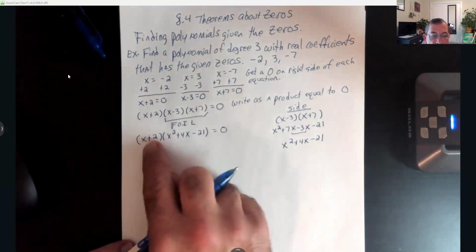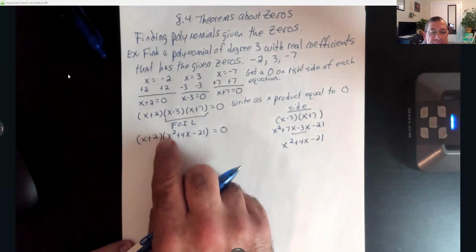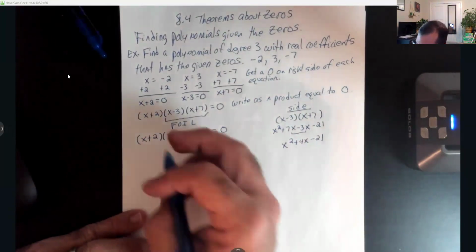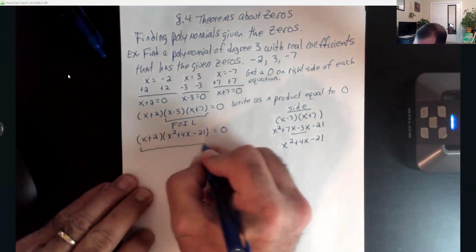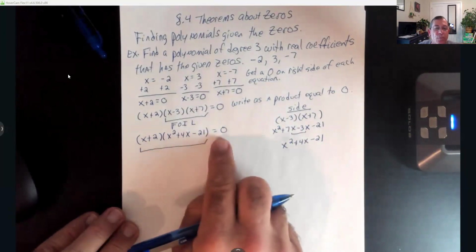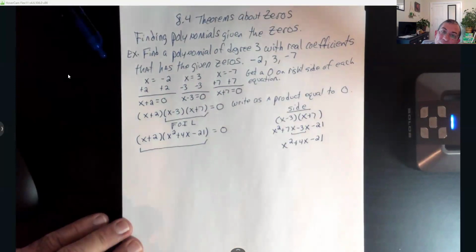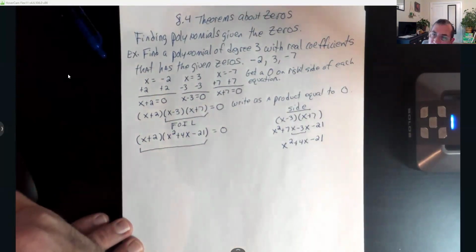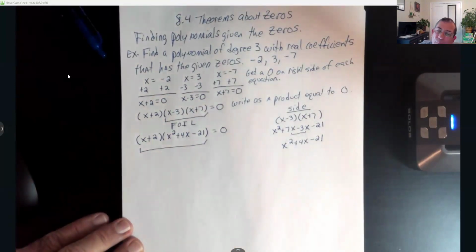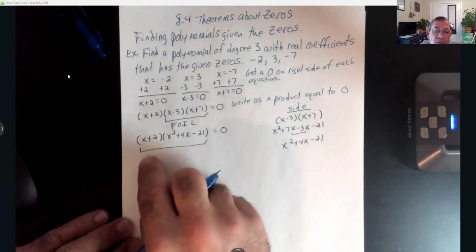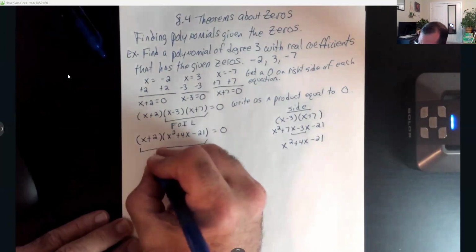So I still have to multiply because I've got parentheses next to parentheses. So we're going to take this whole thing and we're still going to FOIL, but it's going to have a few more steps on it. You're going to have a little bit more in that middle stuff. So instead of FOILing, I'm just going to say multiply all this.